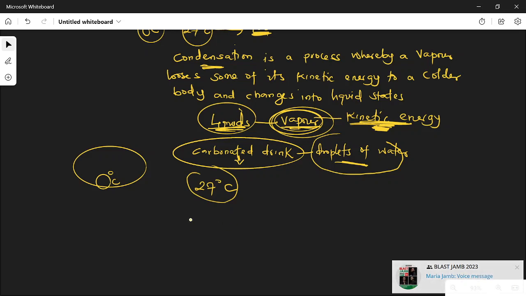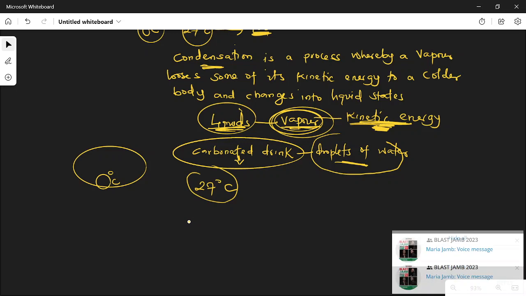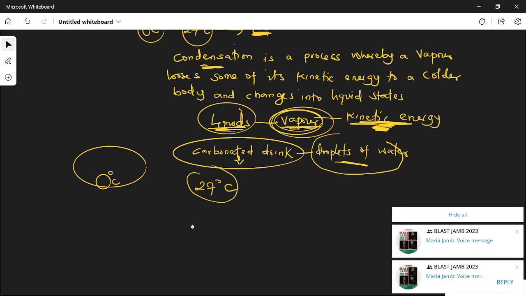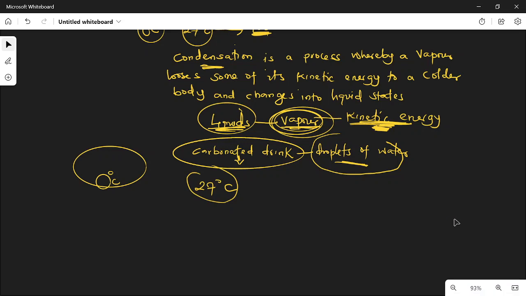it will attain a point which we call the freezing point of liquid. Very, very important.